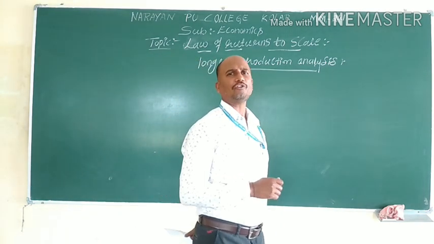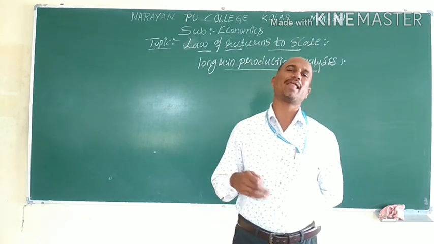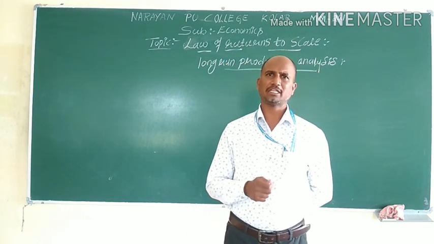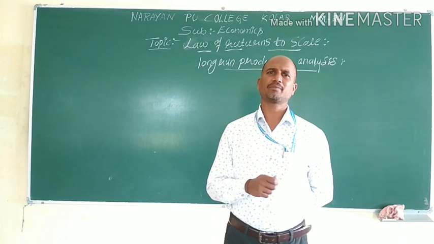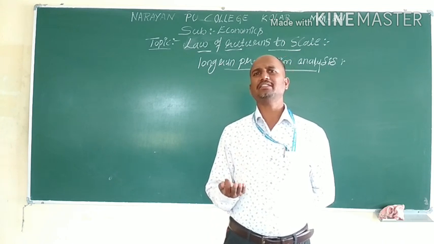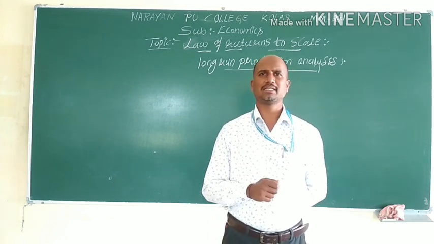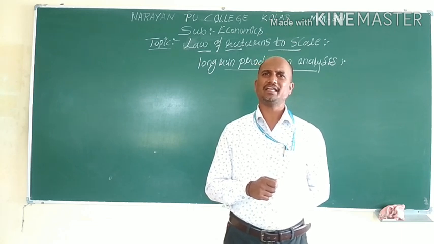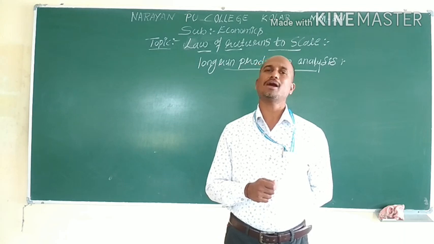So, the law of returns to scale explains the relationship between varied inputs and the output in the long run.